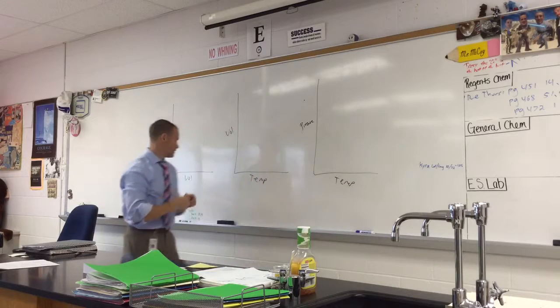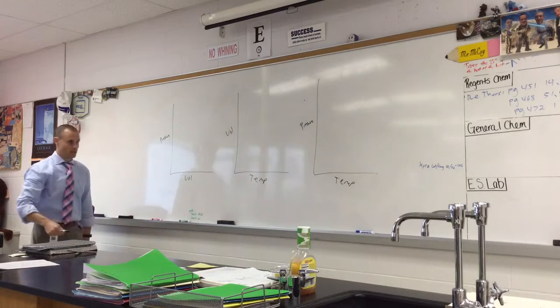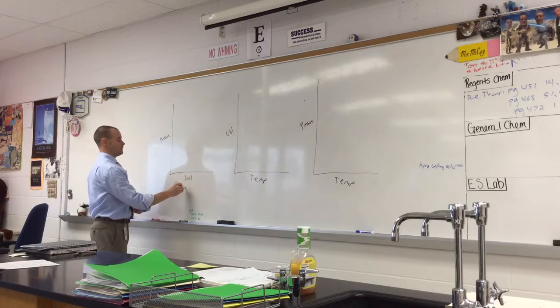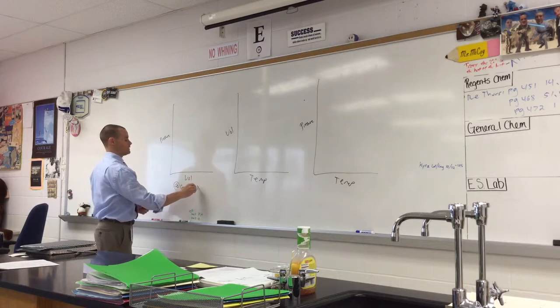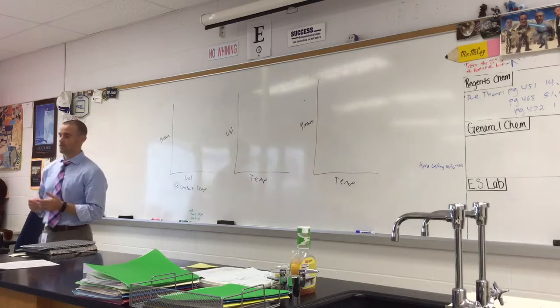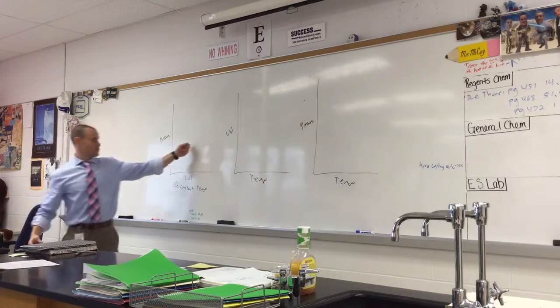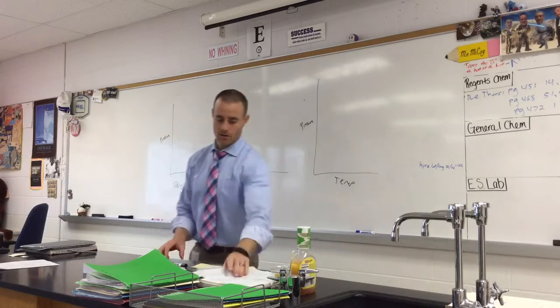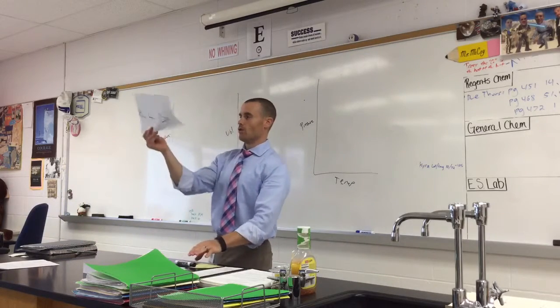Before I have you tell me which one's which, what is this at constant what? Constant temperature. Why is temperature held constant? Why on this graph do we have to hold temperature constant? Remember, all three of them, P, T, and V, play a role with each other.